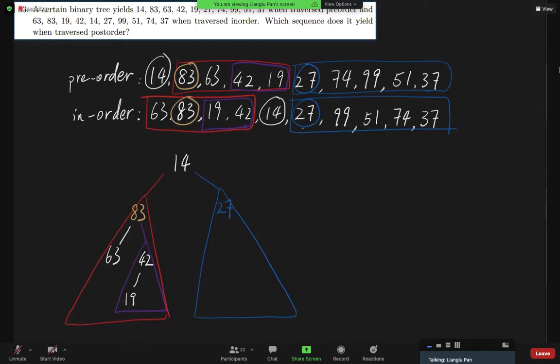And since 27 is the first node being visited in this subtree, when we use in-order traversal, it tells us that we cannot have a left subtree of 27. So all the other 4 nodes are in the right subtree. And for this right subtree, the root node must be 74.